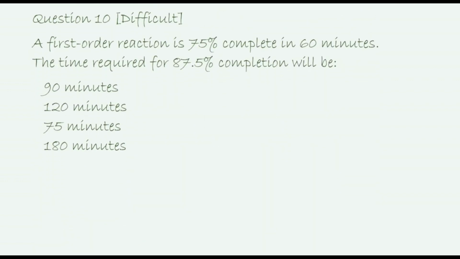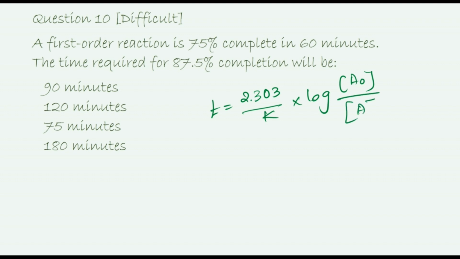First order reaction, 75% complete in 60 minutes. The time required for 87.5% completion will be? So here you can see for 75% it takes 60 minutes. So t, we know the formula, is equal to 2.303 divided by k into log of a naught by a.